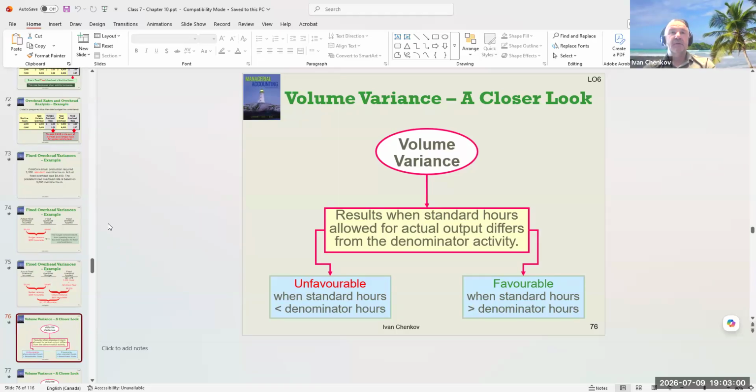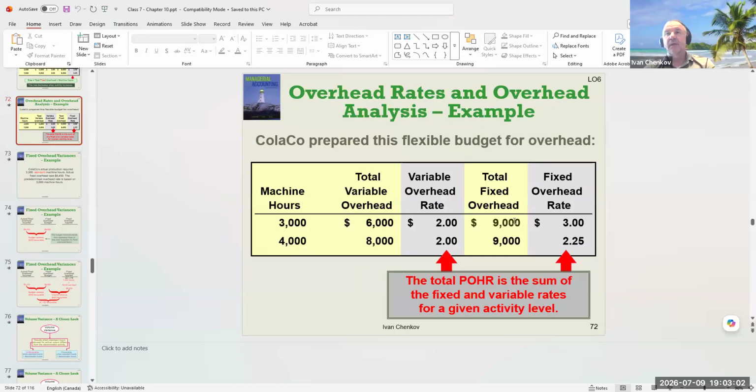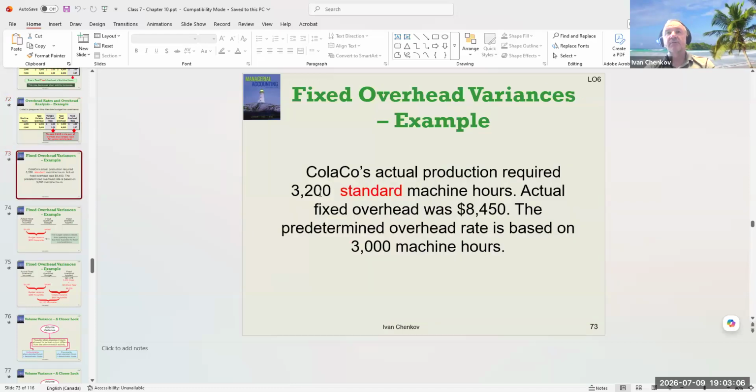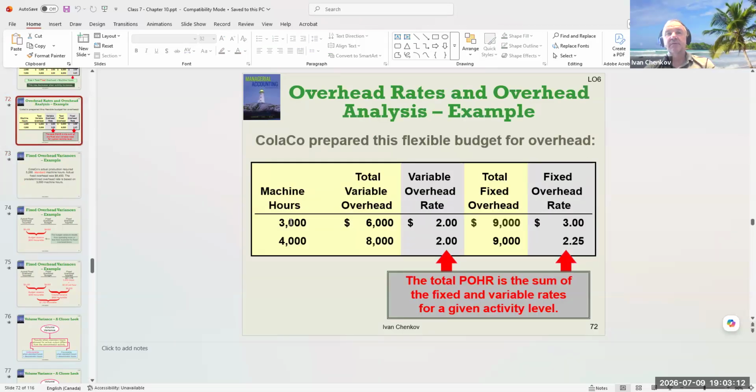So what does that mean? In our calculation here, based on our standards, we have the capacity of 3,200 hours. But we budgeted our fixed overhead based on only 3,000 machine hours. So we are below our capacity.